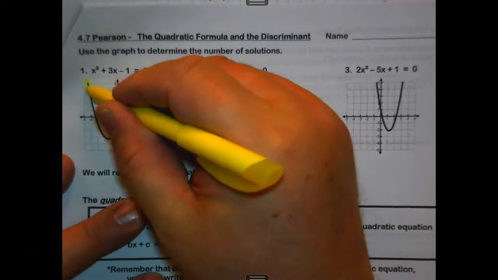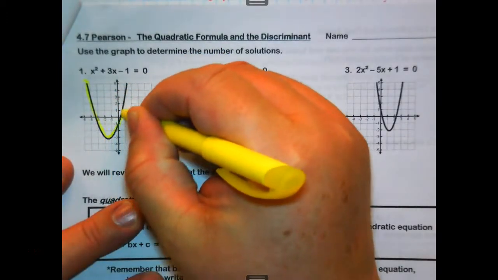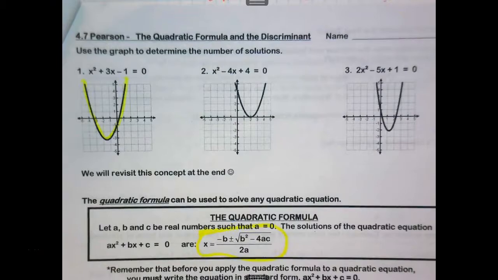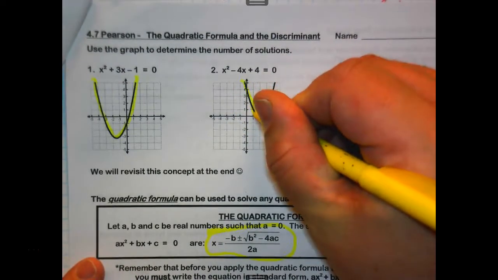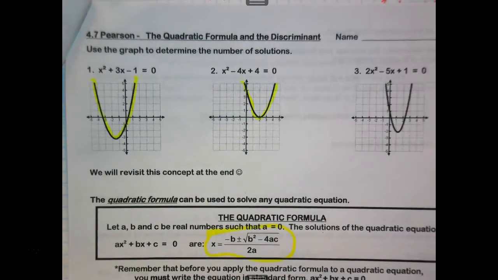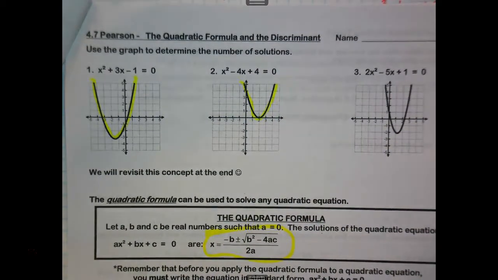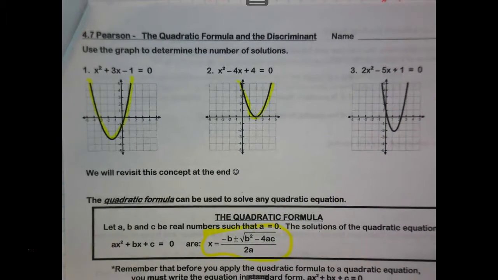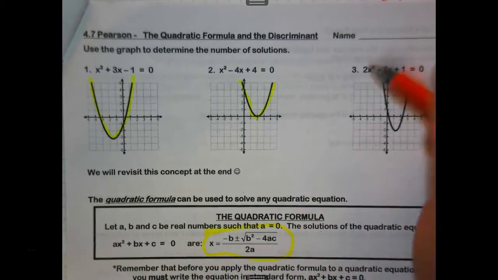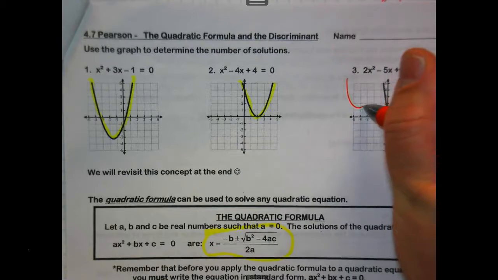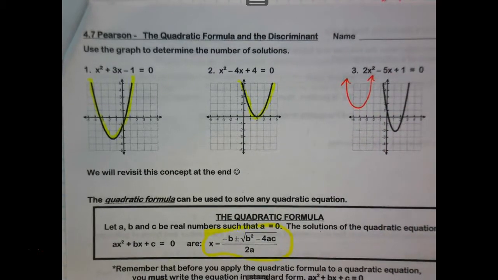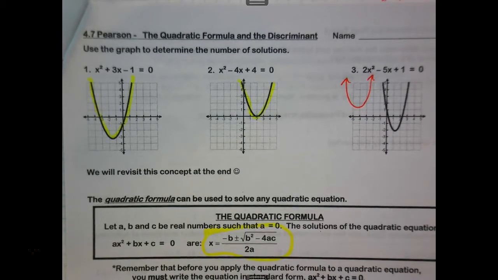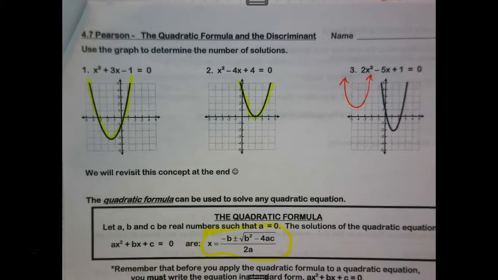Our parabola can pass through the x-axis twice, or hit the axis at one point, or, well, they should have a third example here where it doesn't have any x-intercepts. Now we're going to use the quadratic formula.